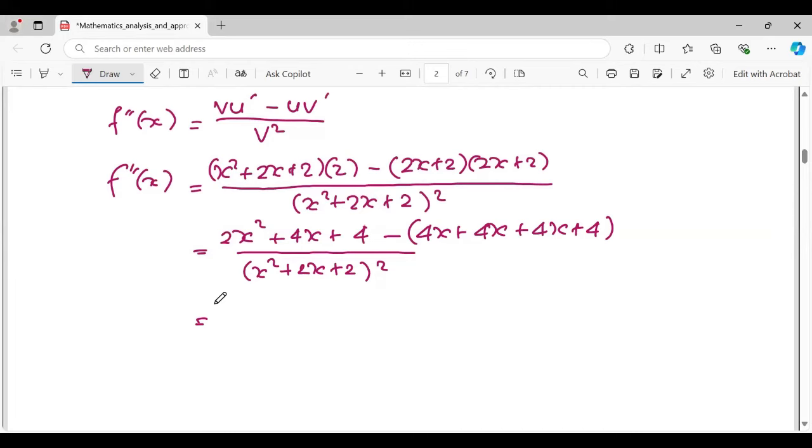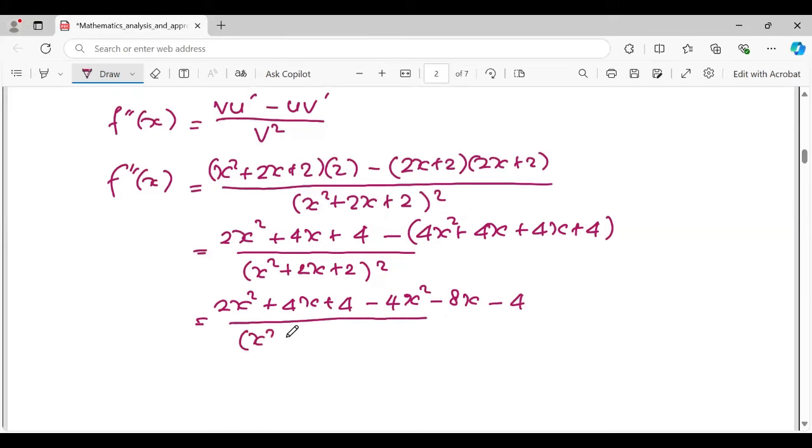It becomes 2x squared + 4x + 4 minus 4x squared minus 8x minus 4 over (x squared + 2x + 2) squared.